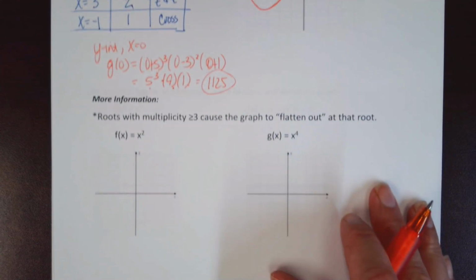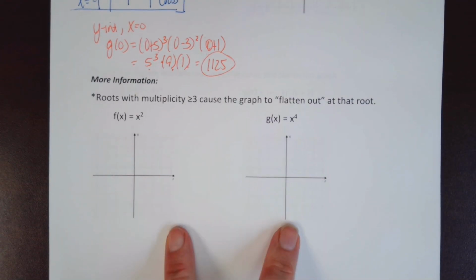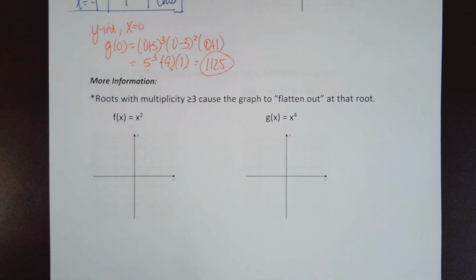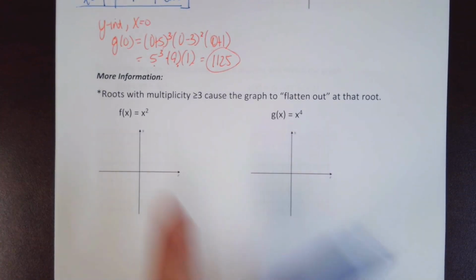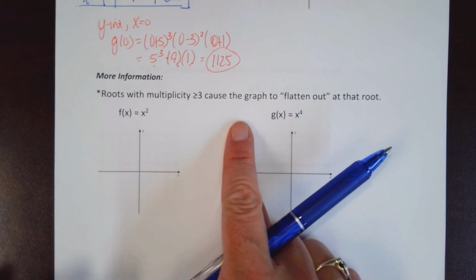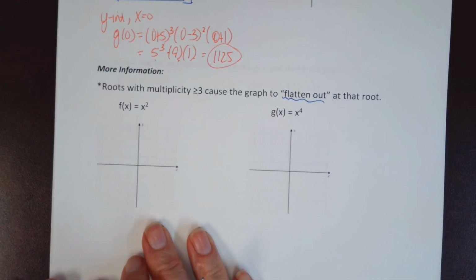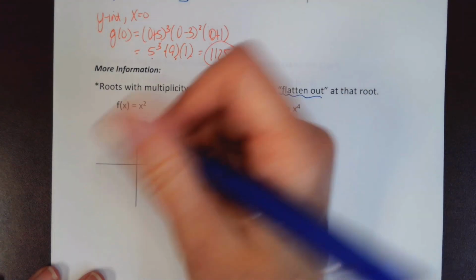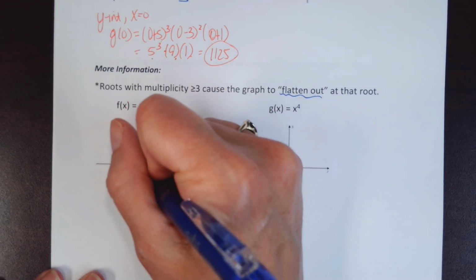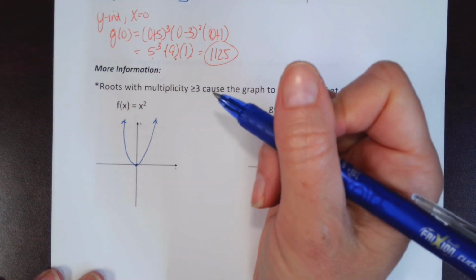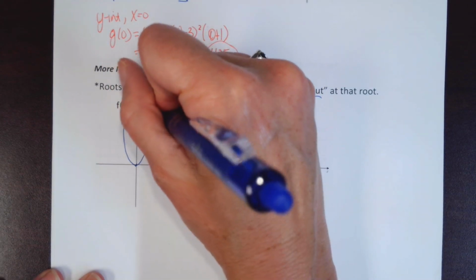All right. Let's look at our last bit of information that follows from this. Roots with multiplicities greater than or equal to 3 cause the graph to flatten out at that root. So we know our parent function quadratic, x squared, multiplicity 2, just opens up just so. Touch and turn, opens up, multiplicity 2.